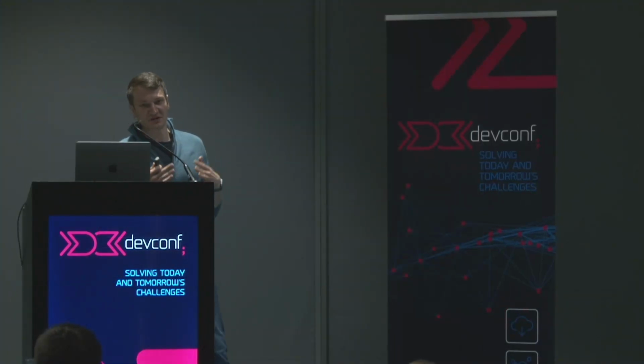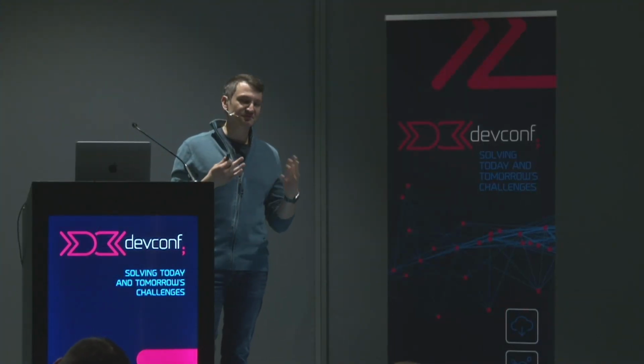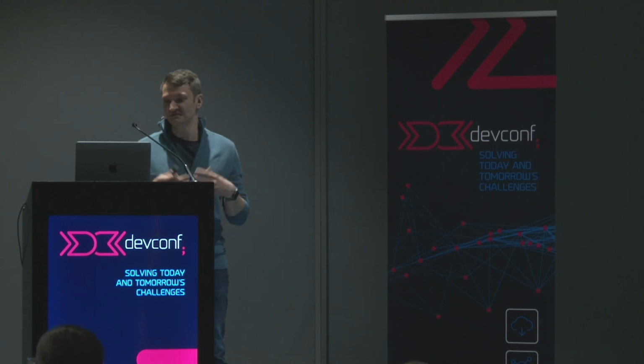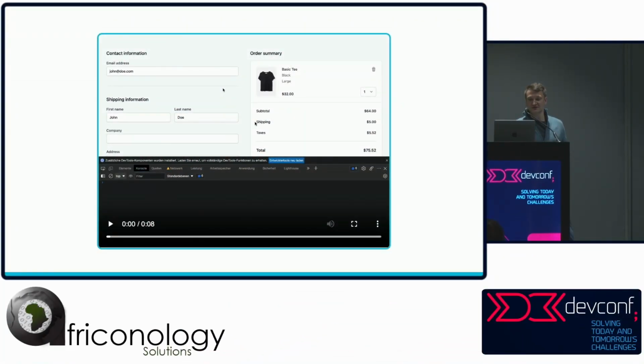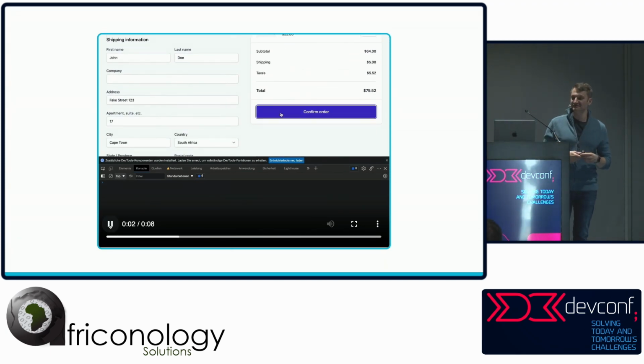But with those frameworks like Remix and SvelteKit, and with this progressive enhanced style of building your application, we have a different behavior. So here we have the same checkout page, but now built with Remix.